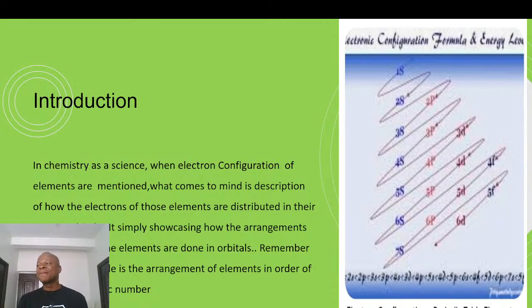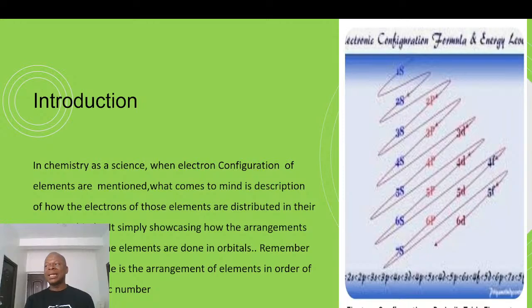Then we have the subshells, which are 1s, 2s, 2p, 3s, 3p, and so on. You can see it on the board there. So whether you call it K, L, M, N, O, you can also represent it with the energy levels 1, 2, 3, 4, and so on.